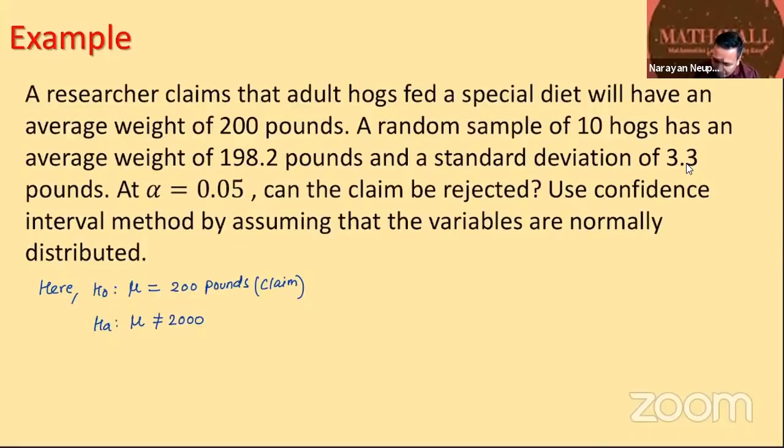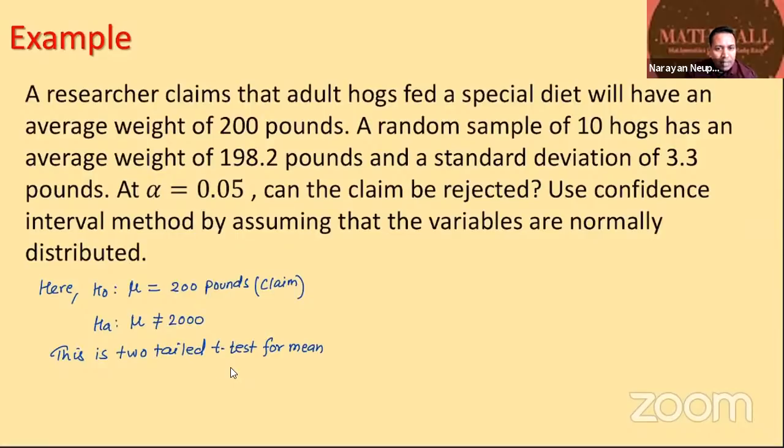So we can write this is a two-tailed t-test for mean. So that's our first step. In the first step, we stated the null and alternative hypothesis, and we also decided whether it's a one-tailed or two-tailed test, and whether it is a z-test or t-test.